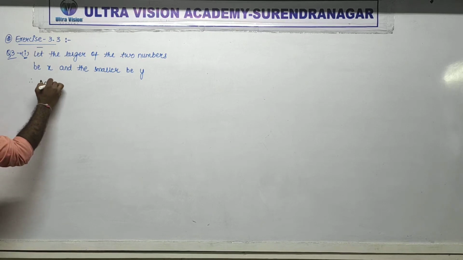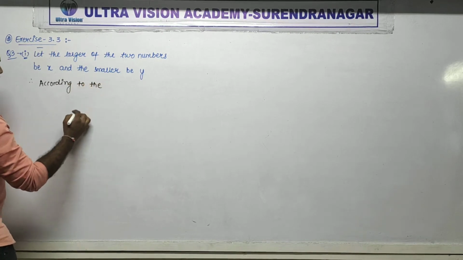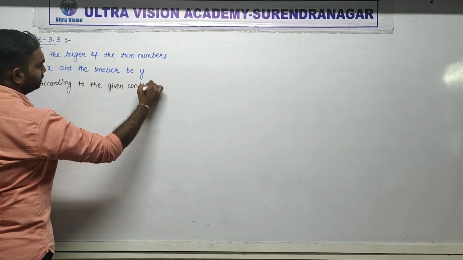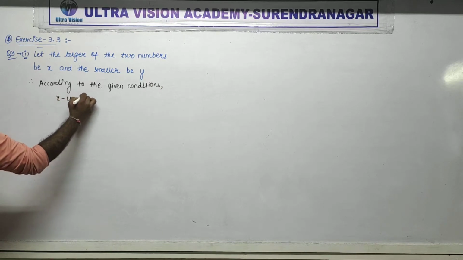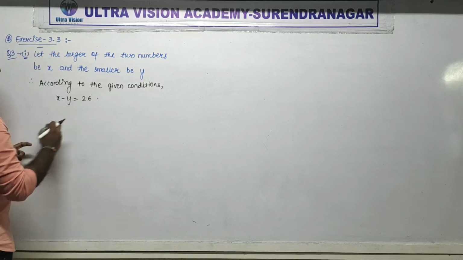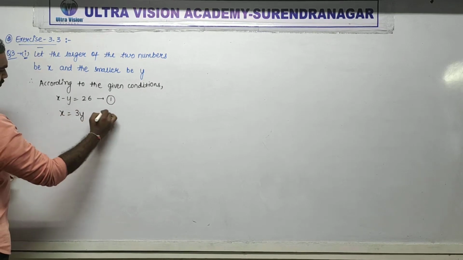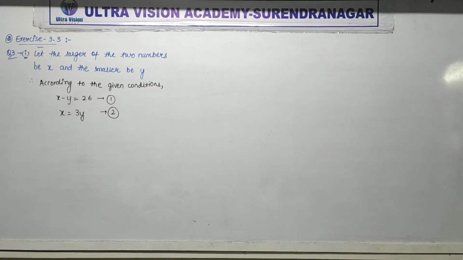So, according to the given conditions, x minus y is equal to 26, which is the first equation, and x equals 3y is the second equation. Their difference means their subtraction.